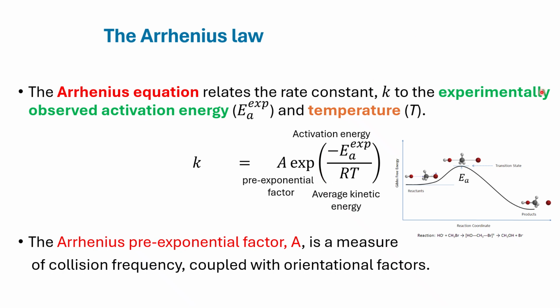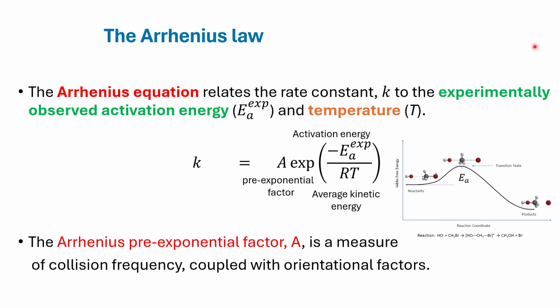If we focus on the meaning of this equation and neglect the A factor for the time being, first, this is a form of exponential decay. Then what is decaying here is the magnitude of the rate constant as a function of the exponent, which is minus activation energy divided by RT.